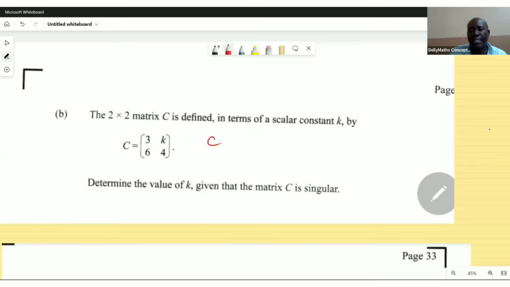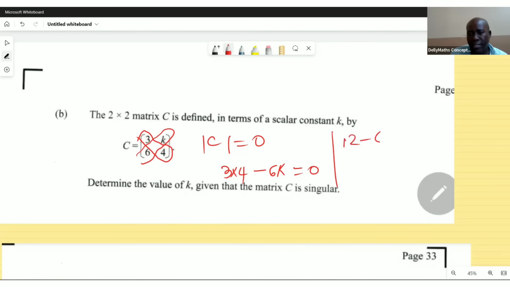The concept of a singular matrix is simply that the determinant of that matrix must be equal to 0, which means we're going to take the product of the leading diagonal, which is 3 times 4, and subtract the product of the non-leading diagonal, which is 6 times k, and this should equal 0. Let's continue working.